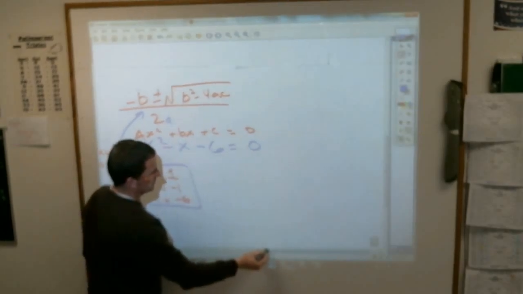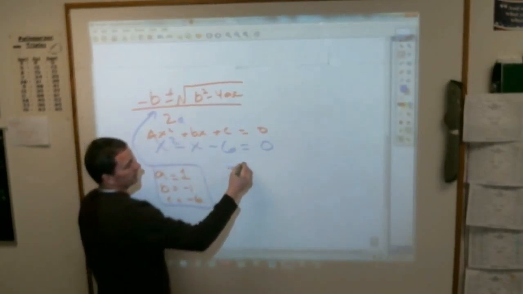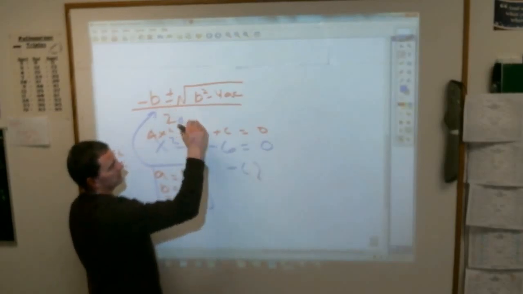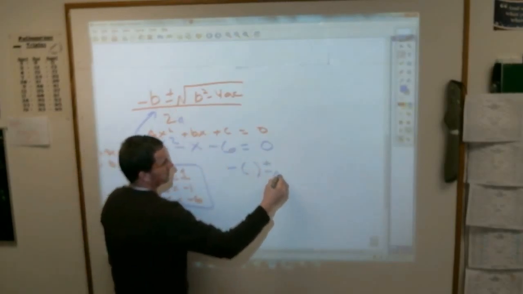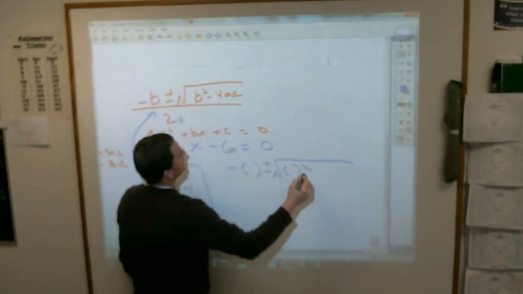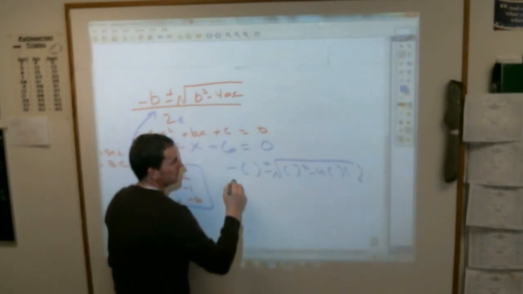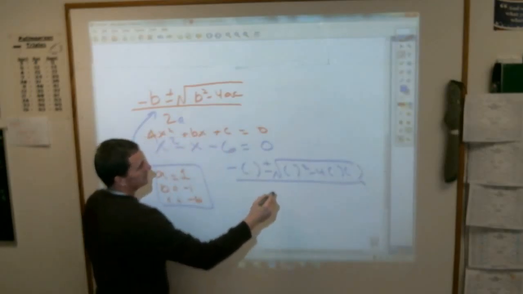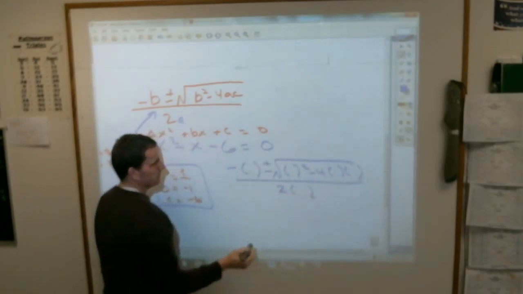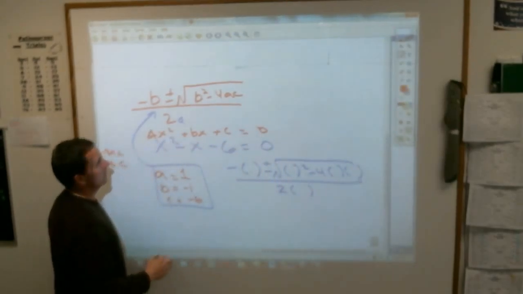So take a look here. Negative b plus or minus the square root of b squared minus 4 times a times c all over 2a. So here we go.